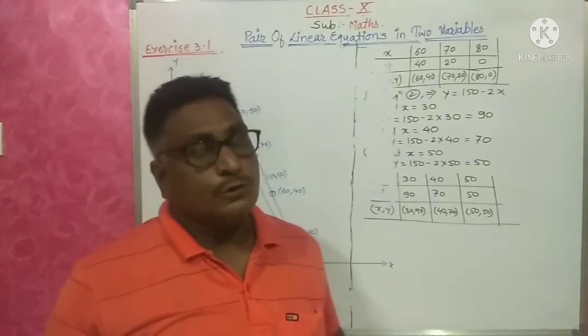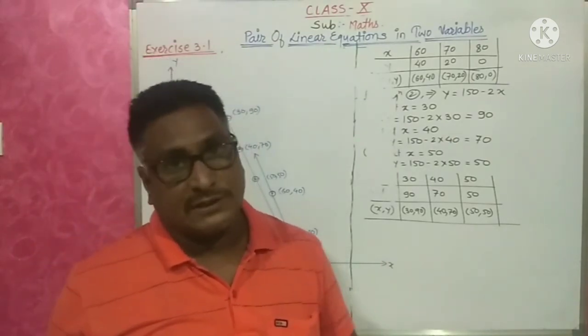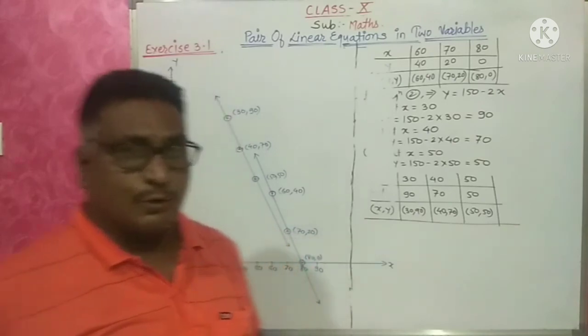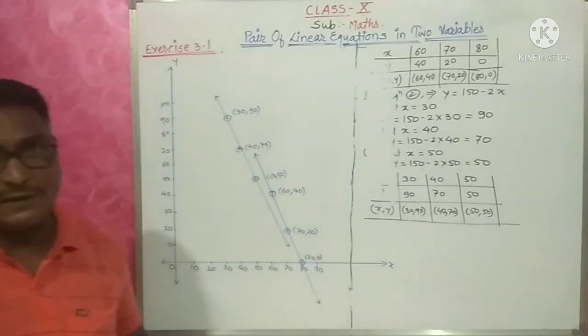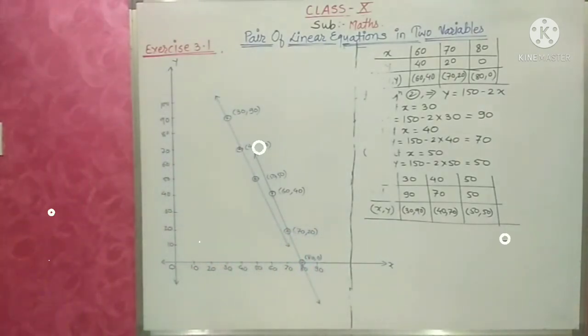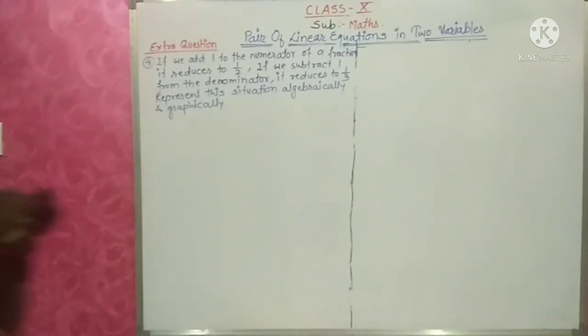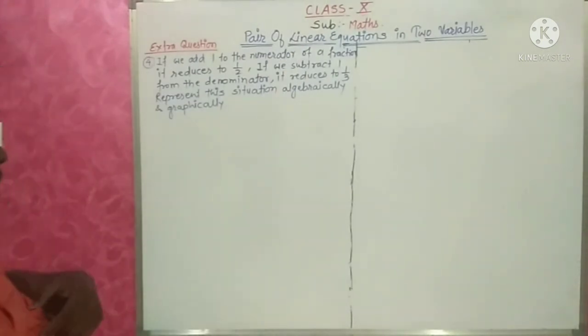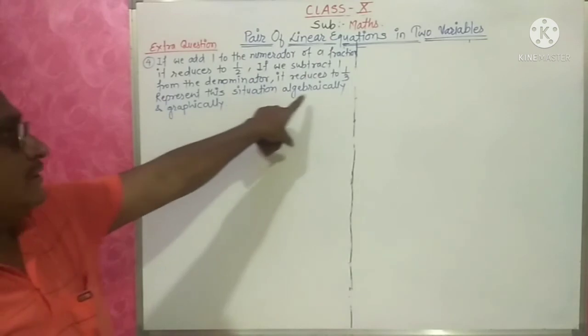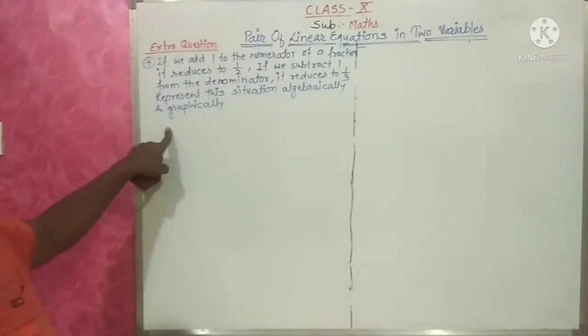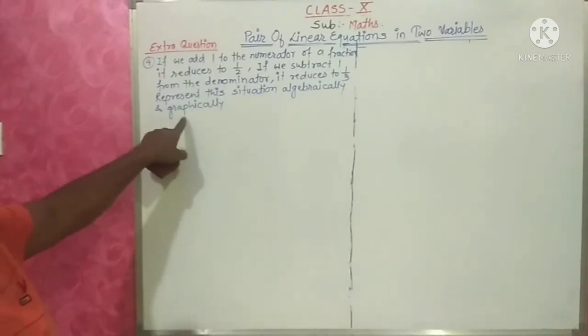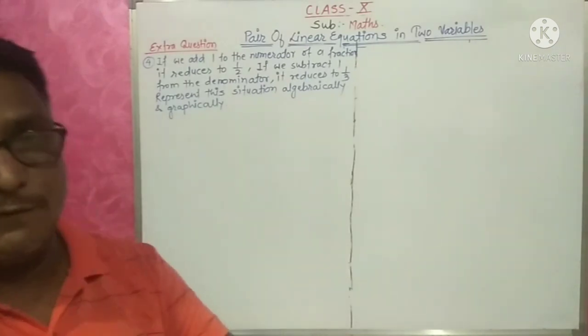So now extra questions I will send for practice. Okay students, so now one extra question. So here I will explain algebraically. You can do it graphically. So graphical work is the homework for you.